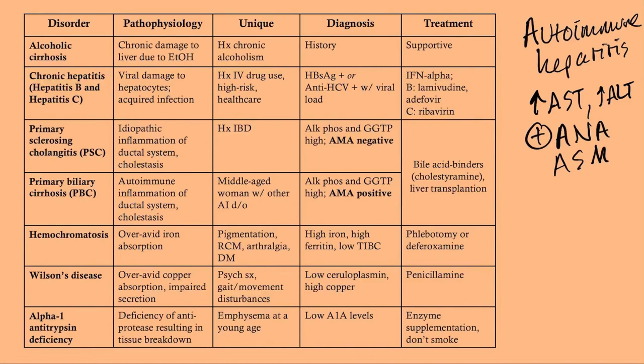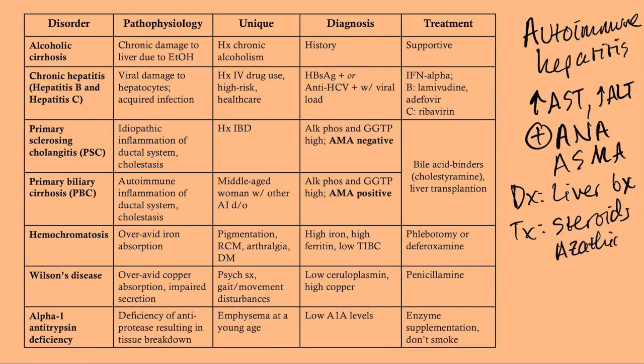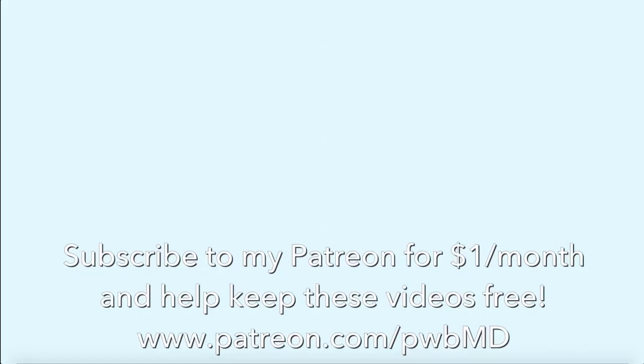They can have ASMA. And then the best way to diagnose this is through a liver biopsy. And the treatment here is steroids and azathioprine. So immunosuppressants, which makes sense because this is autoimmune hepatitis.